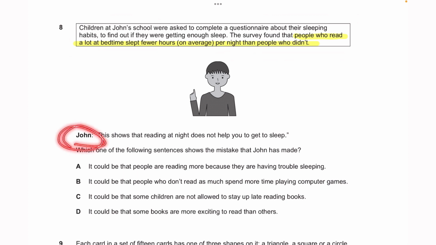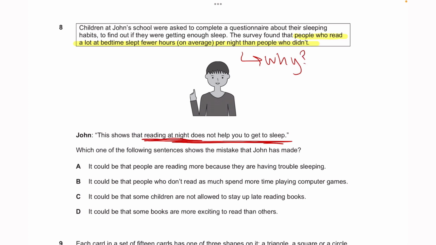John is just assuming, oh, that means that reading doesn't help you get to sleep, but that might not be the actual case. So we've just identified the mistake: he's assuming that reading at night does not help you get to sleep, but it's not actually explaining why people who read a lot at bedtime slept fewer hours. Okay, and so we need to find out which one is the mistake that John's made.